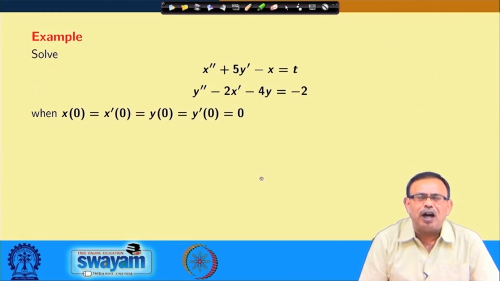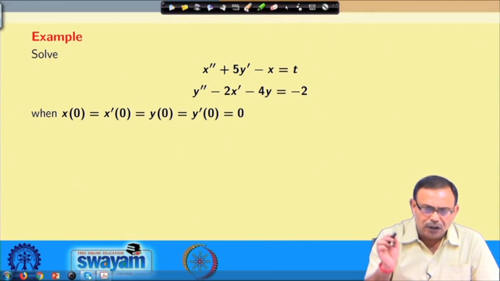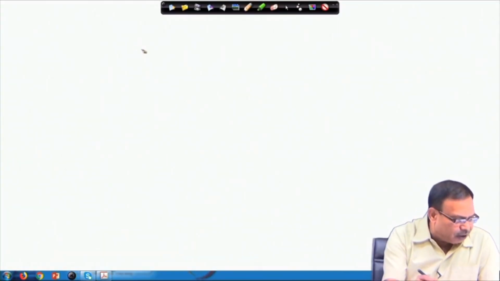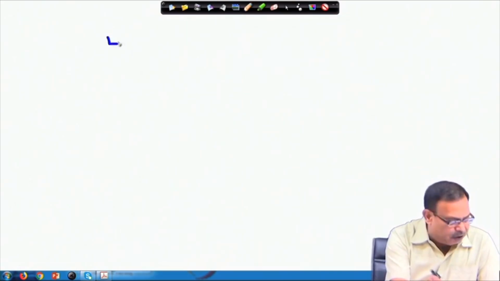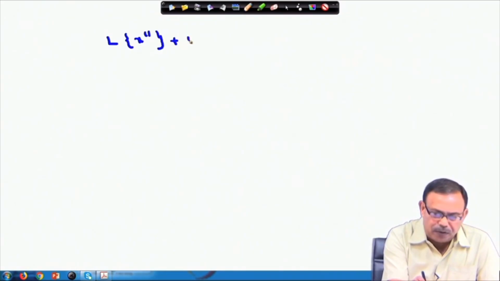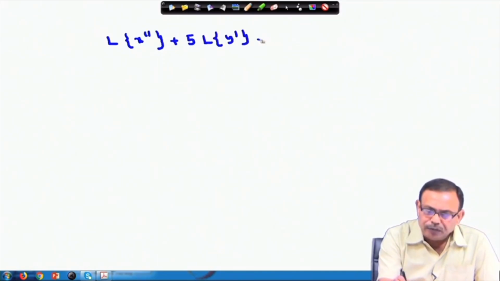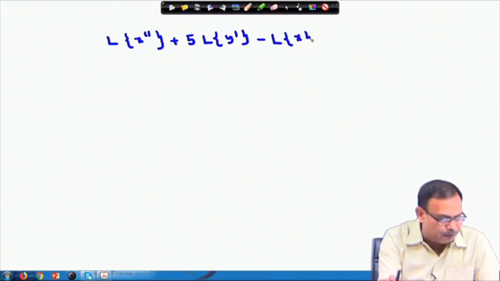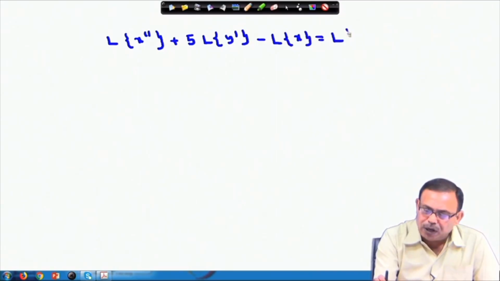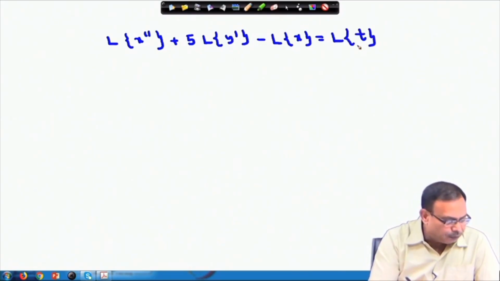And for this one, at first let us take the Laplace transform on both sides of the given equation. Once I take the Laplace transform on both sides, I will obtain the Laplace transform of x double dash plus 5 into the Laplace transform of y dash minus the Laplace transform of x, which equals the Laplace transform of t.